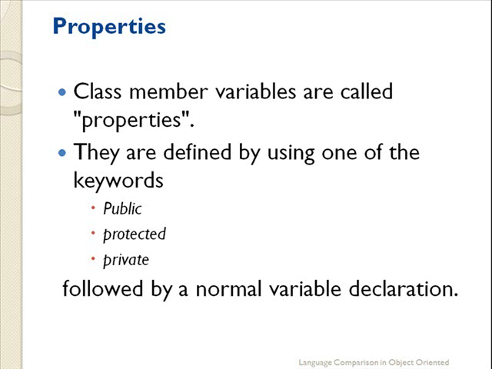This declaration may include an initialization, but this initialization must be a constant value, that is, it must be able to be evaluated at compile time and must not depend on runtime information in order to be evaluated.